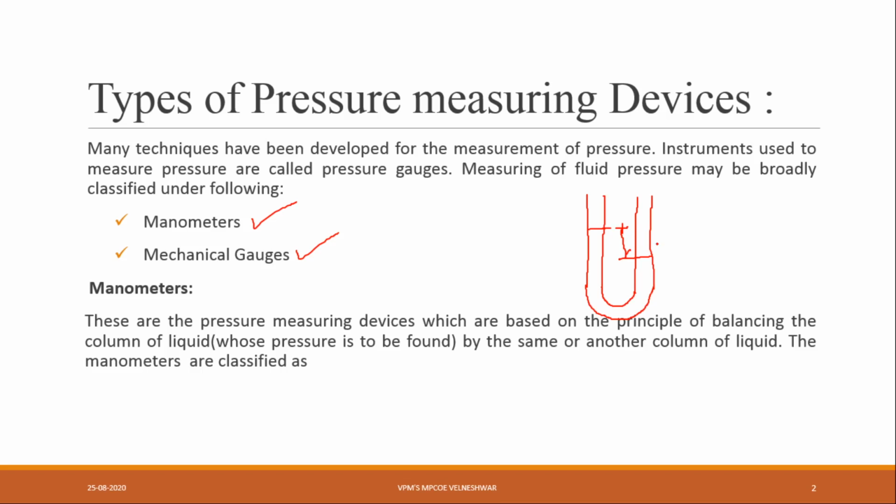Suppose both are at the same level, meaning the liquid is at the same level in the right-hand side also. Then what will be the value of h? That is 0. If there is a difference, we have to find it by comparing one column with the other column of the manometer.